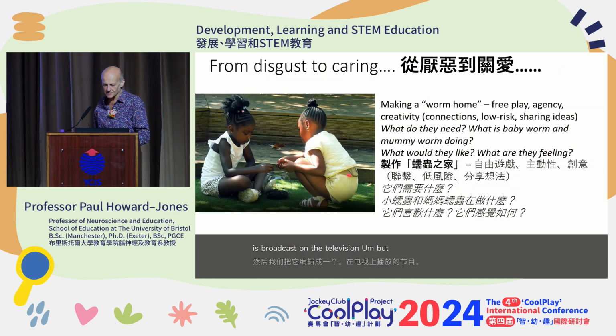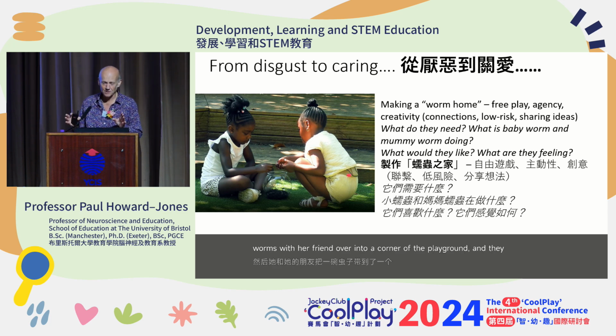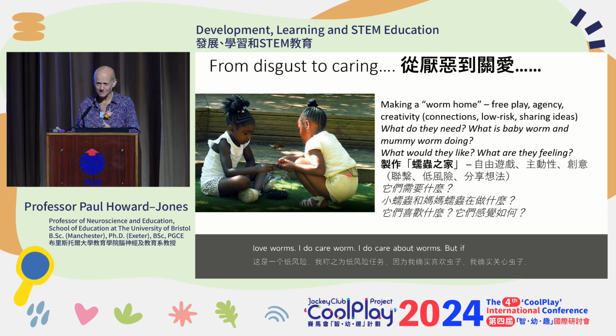But even after the task, she then took the bowl of worms with her friend over into a corner of the playground, and they started playing with the worms. This is a low risk task. I call it a low risk task because I do love worms. I do care about worms. But if a worm died as a result of handling, it probably wouldn't be the end of the world. But what it is good for is for them to understand how to care for a worm.